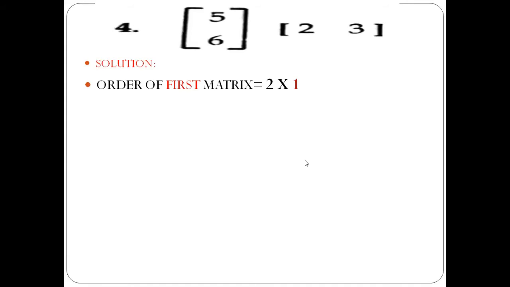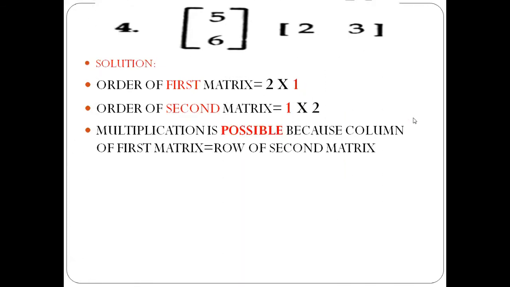The second matrix's order is 1 row, 2 columns. Now the column of the first matrix and the row of the second matrix are equal, so we can say that multiplication is possible, because the column of the first matrix is equal to the row of the second matrix.